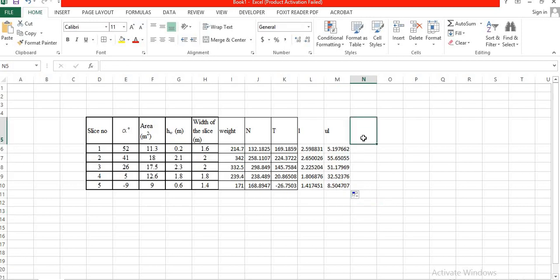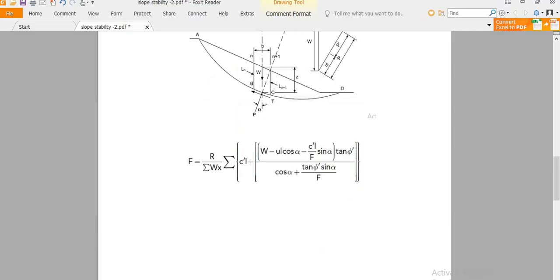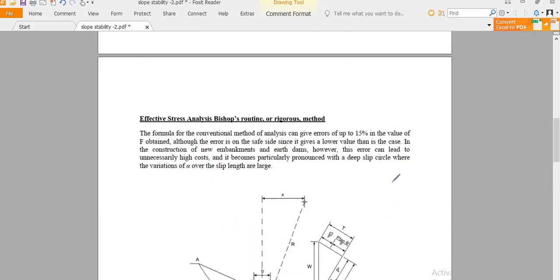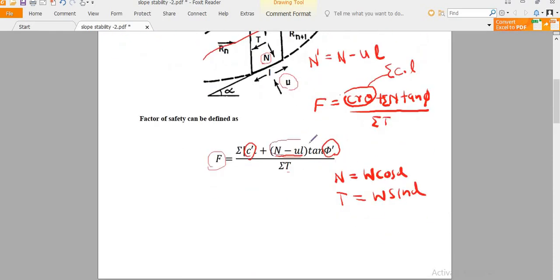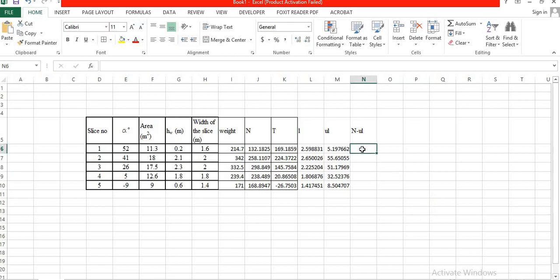Therefore we have a new one, n minus UL, because what we need here is not n, what we need here is n minus UL, that is n dash, right? So we need sigma of n dash. You can see everything here is again sigma, right? So this should be equal to this minus UL, that is n minus UL.